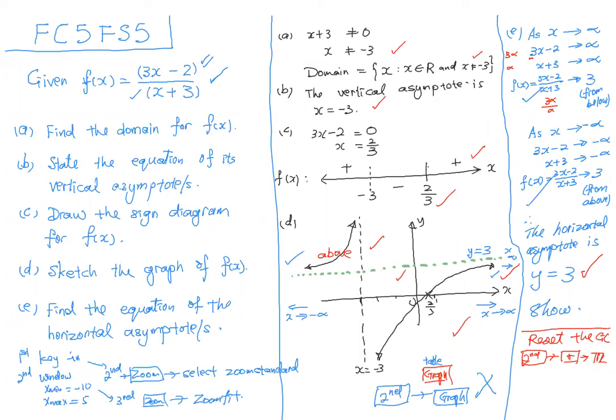You look carefully. I write here: three times infinity divided by infinity, what do you get? Yes, you get 3. So that is how we get it.